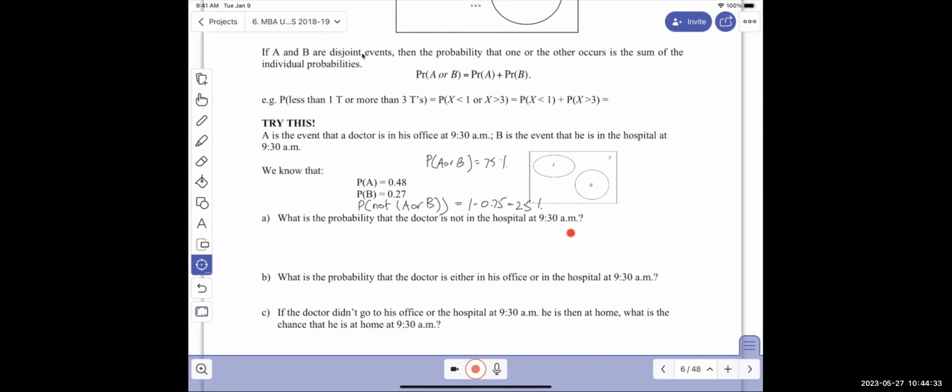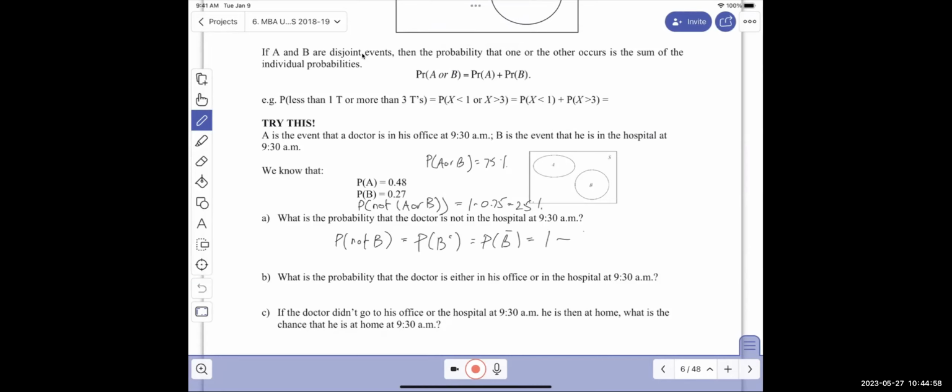So B is the hospital. So not in the hospital, probability of not in the hospital is not B, which you can write as probability of B C, or you can write it as the probability of not B like that.